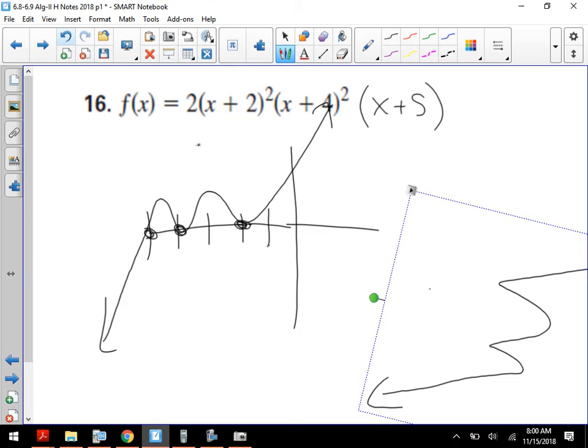Axis of symmetry was at 3, and so on and so on. Okay? It's that same idea, but instead of being a regular old boring quadratic, we're looking at higher degree polynomials. So whenever you have a double, it just touches and goes. Okay? Or any even, I should say.